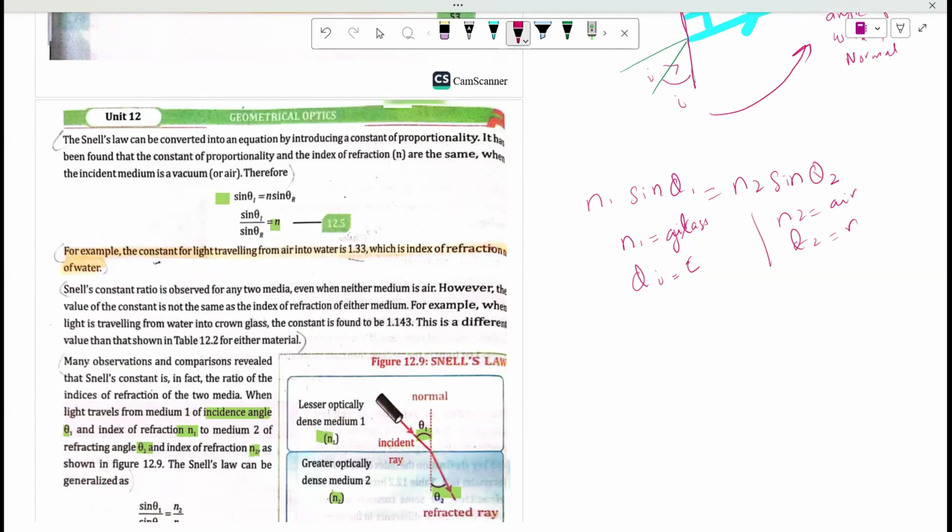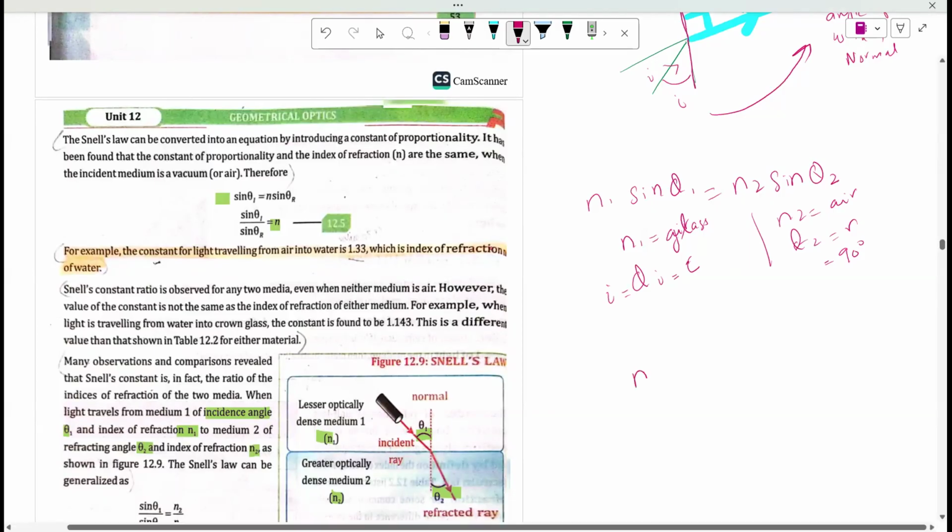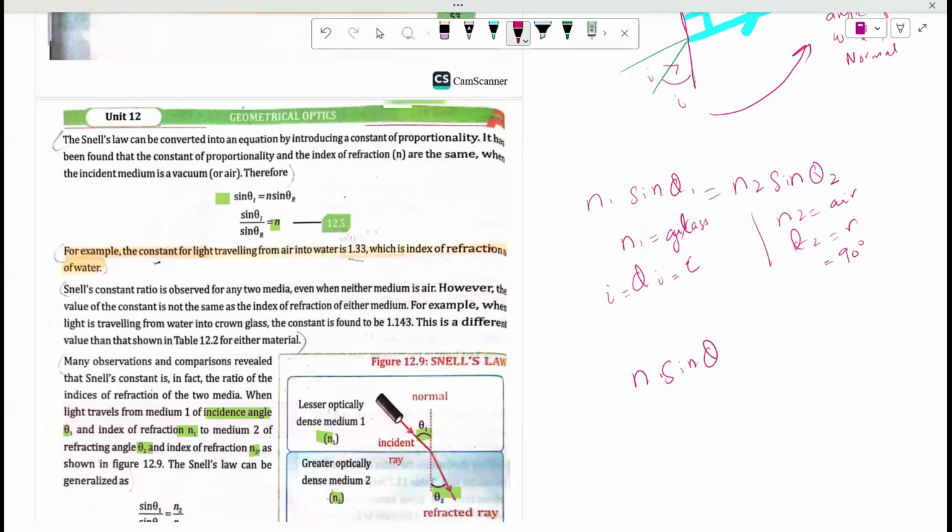So as we know, कि refracted angle क्या बनाएगा? 90 degrees angle बनाएगा when the incident angle is equal to the critical angle. So when we put the values into this equation, we have n1, or just n, times sine theta c. This indicates the critical angle.